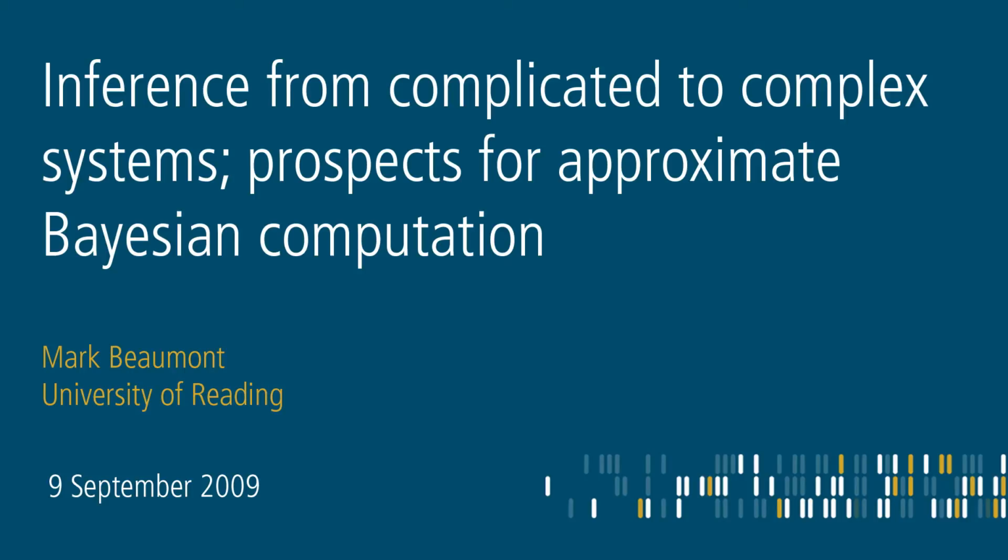I call this the marginal likelihood, but another way of looking at it is it's the prior predictive distribution of your summary statistic, okay, because you've simulated from the prior, you've simulated from your model. And if your data are a long way out, in the normal course of events, you can still validly compute a likelihood and a posterior distribution and so on. But in the ABC world, you can't do that very easily.